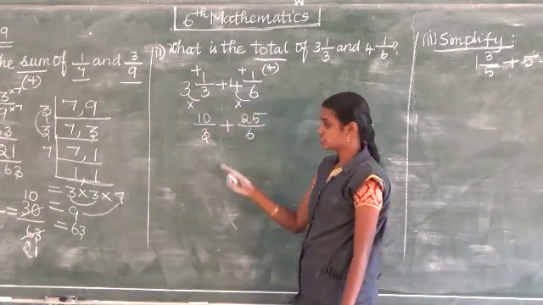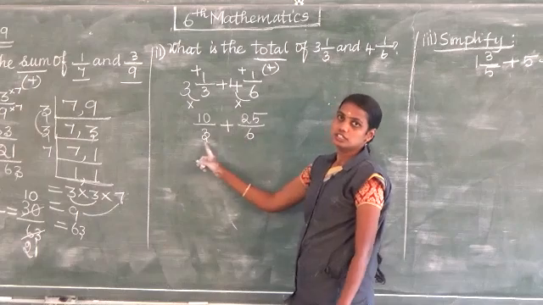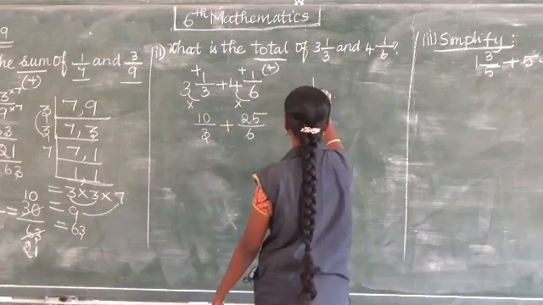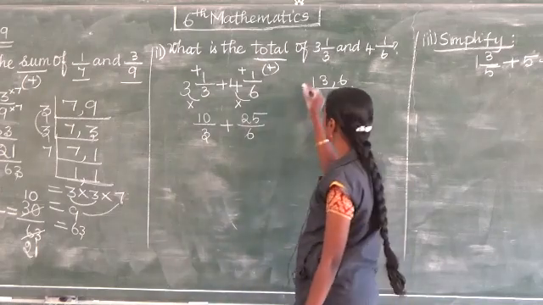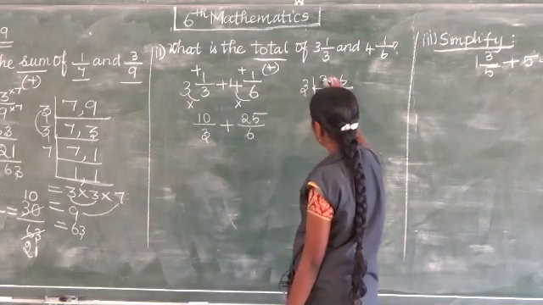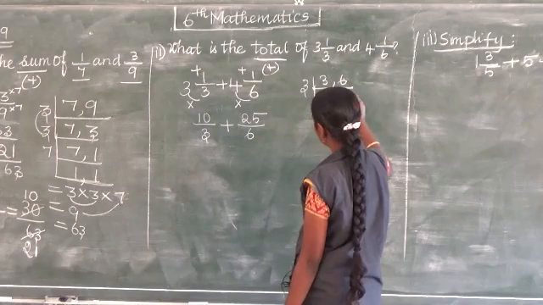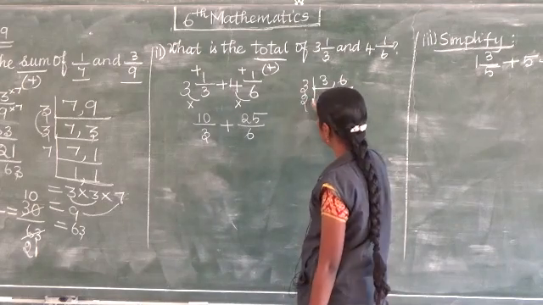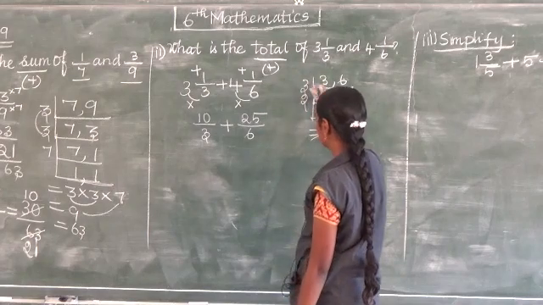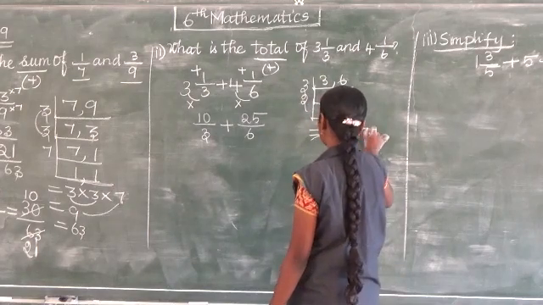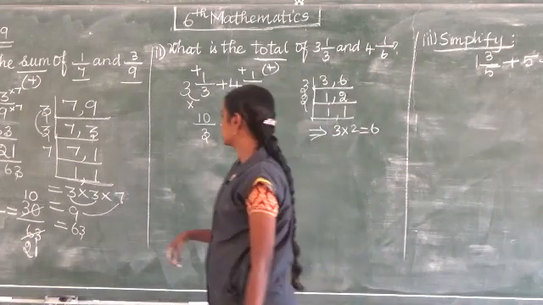Now the denominators are different. So take the LCM for 3 and 6. 3 table: 3 ones are 3, 3 twos are 6. Then 2 table, 1 and 1. Now multiply 3 into 2, 6. So LCM is 6.